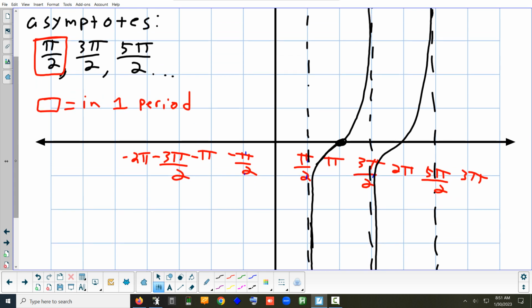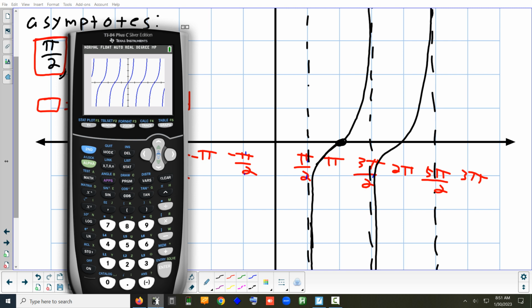Let's see if we can figure out what the natural cycle length is for tangent. Let me set my window to go between 90 and 270. The reason I'm going to do that is so I can just focus on one section.